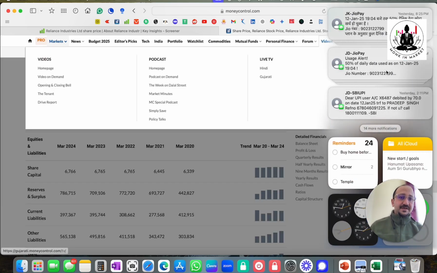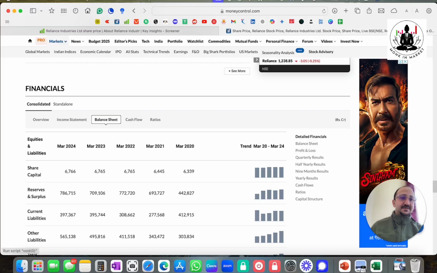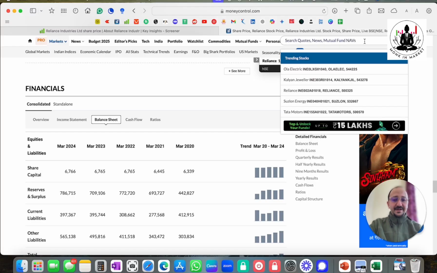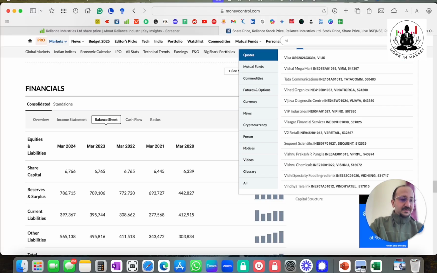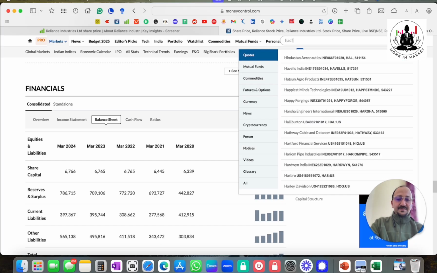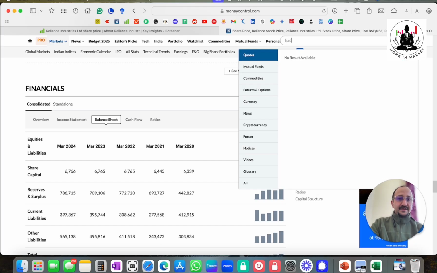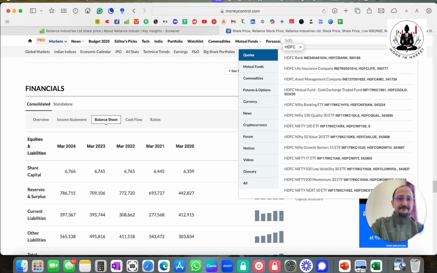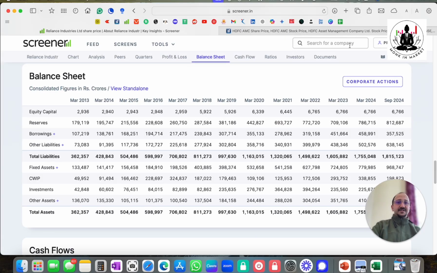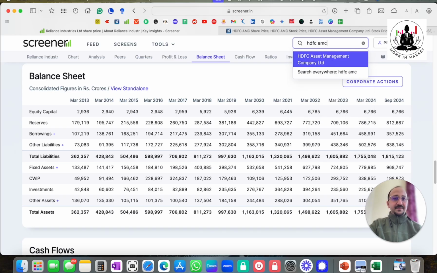Now, one more company that we should be seeing is HDFC AMC. Over here as well, HDFC AMC.